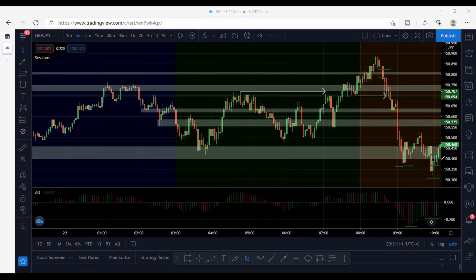Okay. So yeah, we could wait for a pullback to this order block right here for entry with our stops right here. So let's set up that entry and see if we get an entry. Our second place to enter would be a break of this trough right here, right at the break of that, with some sort of confirmation, of course.